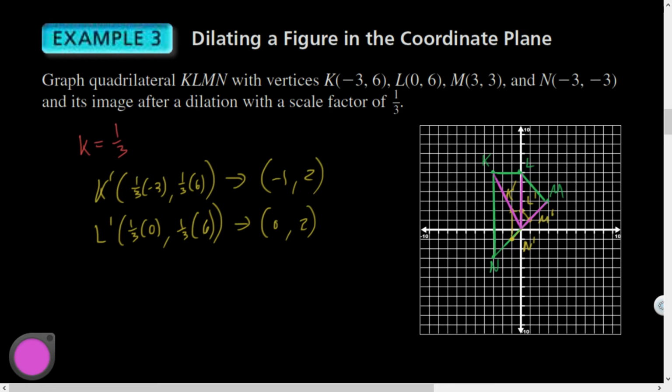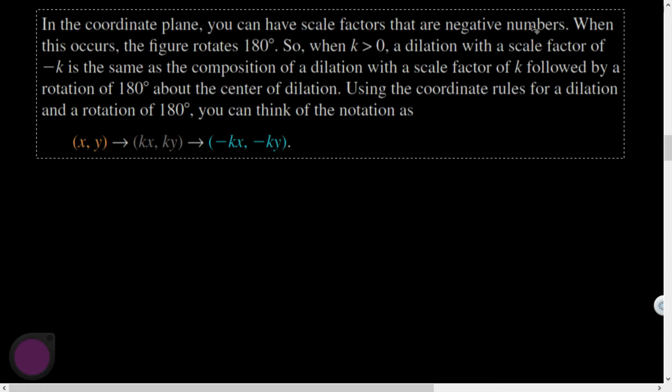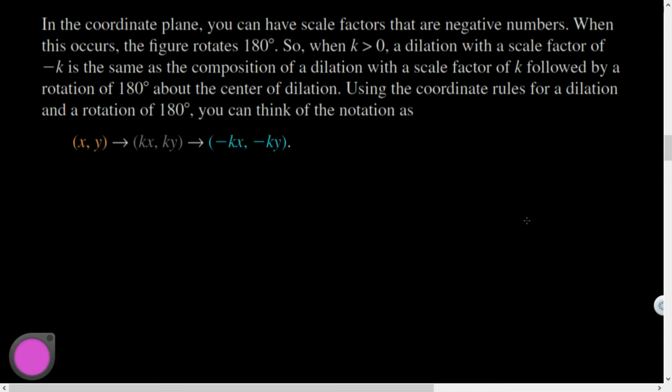All right, let's see. How am I doing? I've got a construction in there, but we'll talk about that later. Negative scale factors. I guess I should show you that. We'll read this. In a coordinate plane, if you have a negative scale factor, things still happen. You can have scale factors that are negative numbers. Hip hooray.